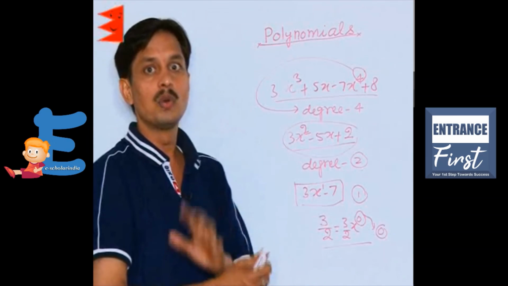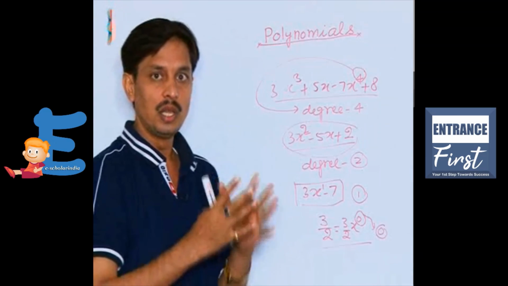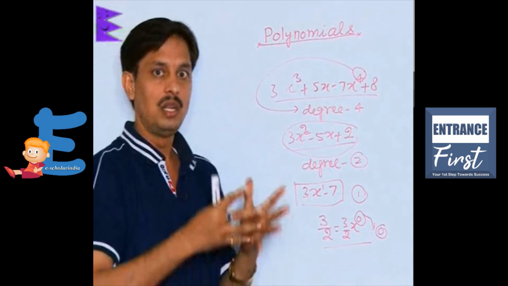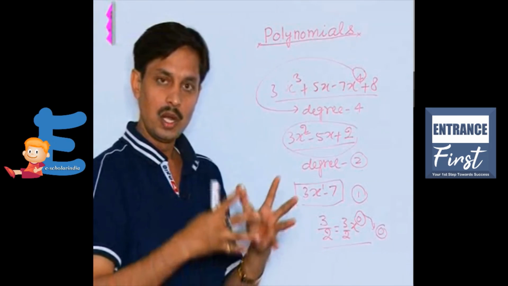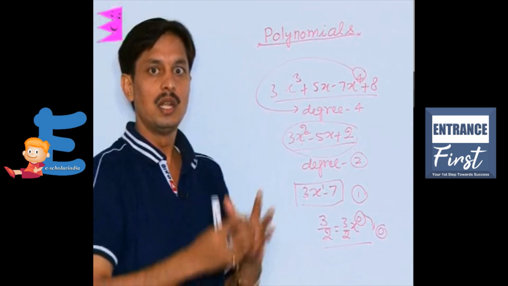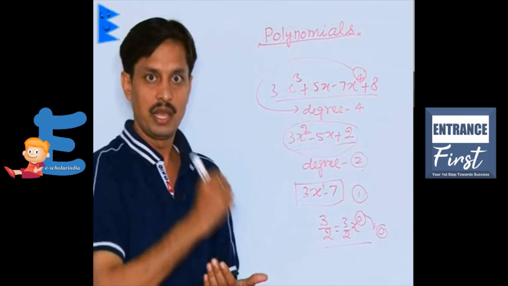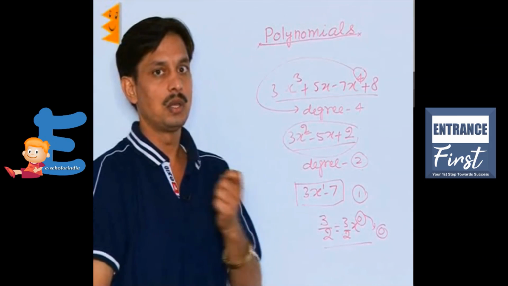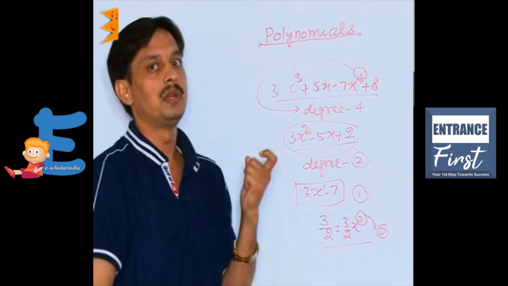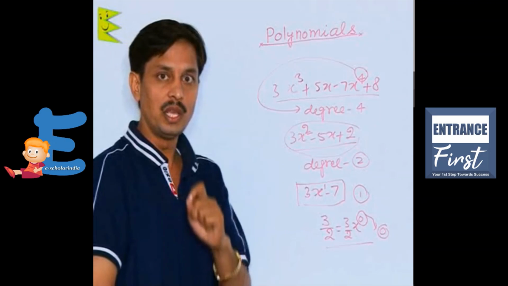So the degree of a constant polynomial is 0, of a linear polynomial is 1, of a quadratic polynomial is 2, of a cubic polynomial is 3, of a biquadratic polynomial is 4, and so on. And the number of zeros is always equal to the degree of the polynomial.